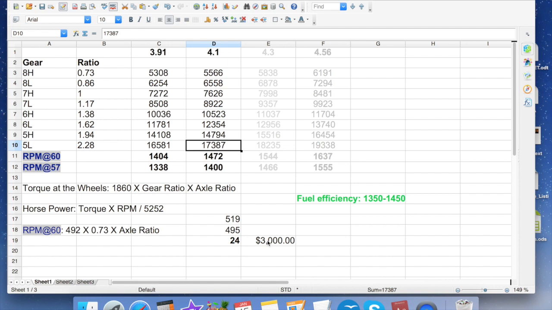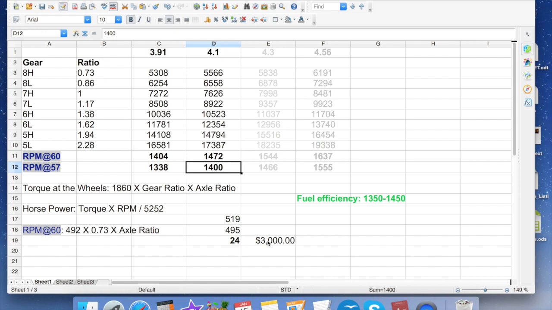So the only difference will be I'll be climbing it a bit faster, or I could decrease the RPM. So it might be a bit easier on the drive line and the engine, but the RPM at 60 increases and the RPM at 57 increases, so you lose the fuel mileage.